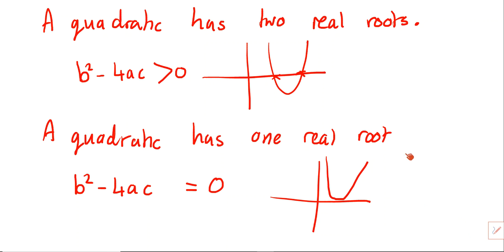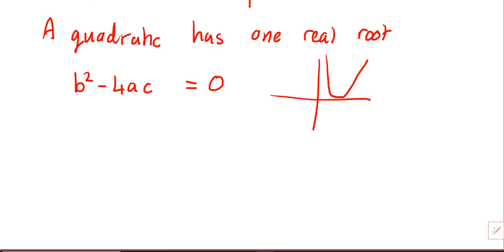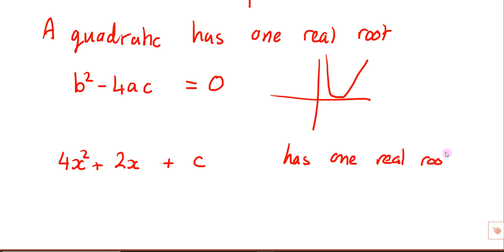So, if I said to you, 4x squared plus 2x plus c has one real root. Find c. What could we do?